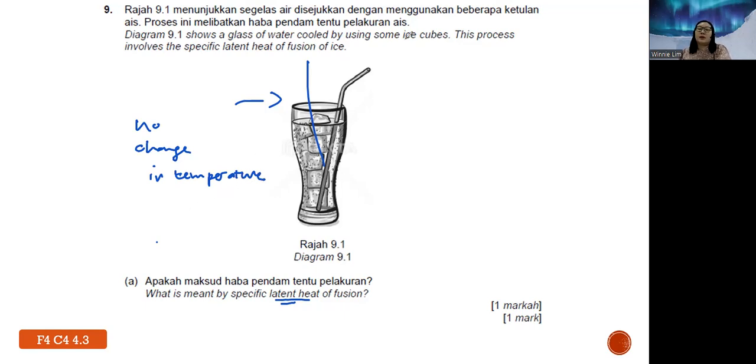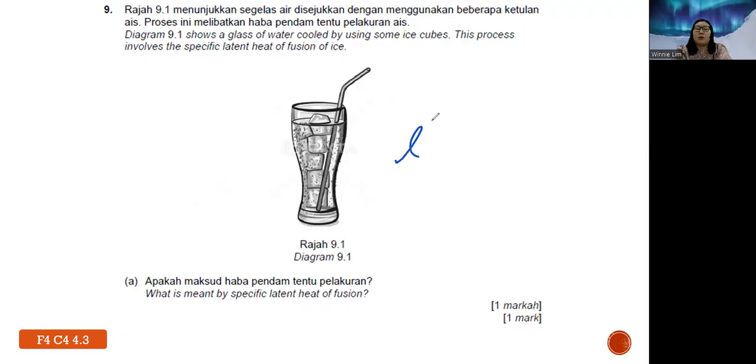Because the energy absorbed is basically used to overcome the forces of attraction between the particles. So the latent heat is used to change the state of the object and not to increase its temperature. Also, what is meant by latent heat of fusion?